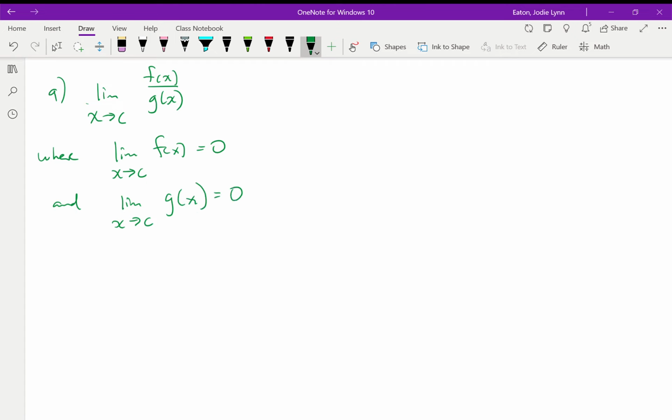So this is where we get 0 over 0. So we call this indeterminate. So this one, the limit may exist, and this is indeterminate.